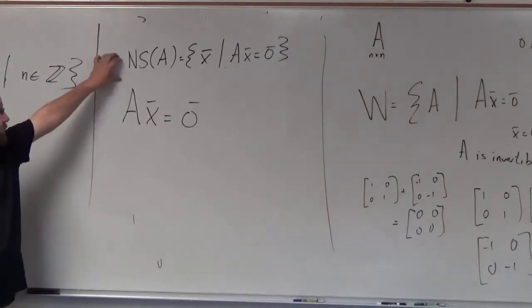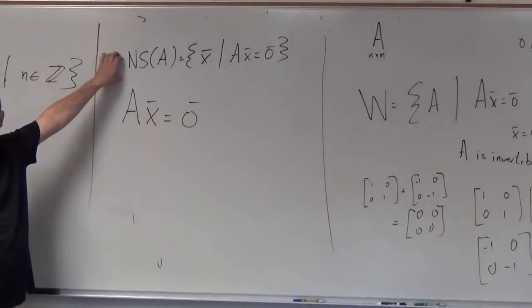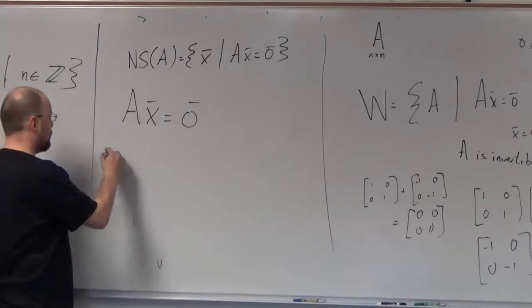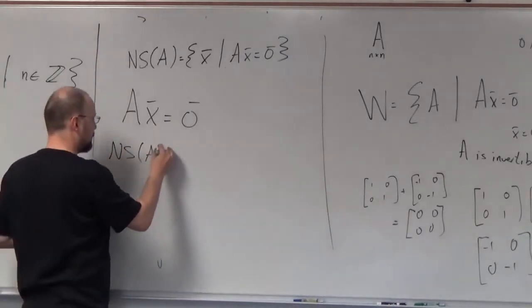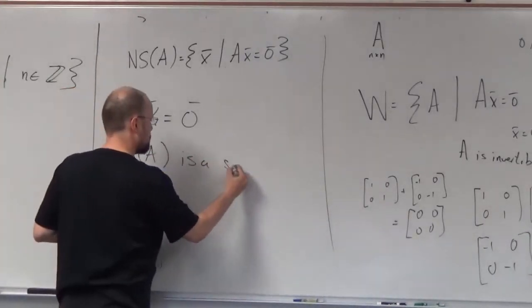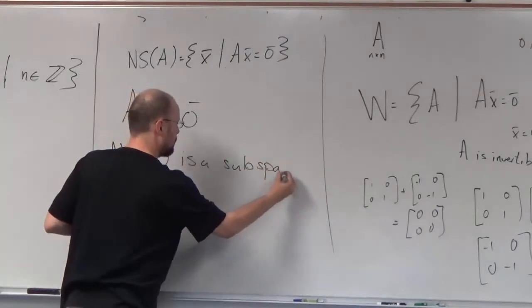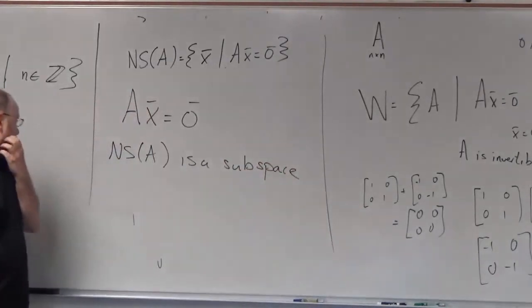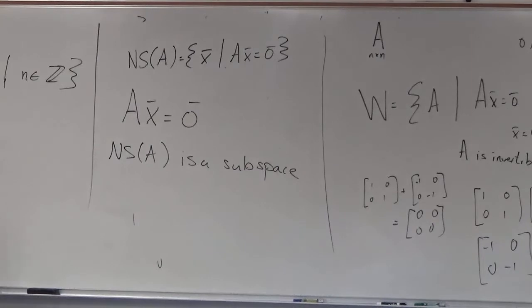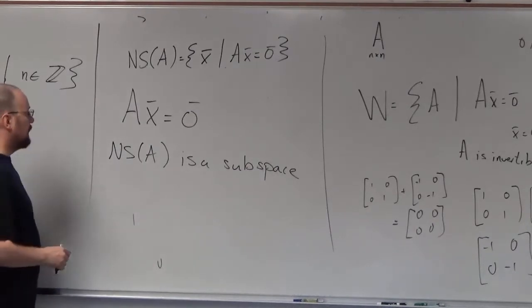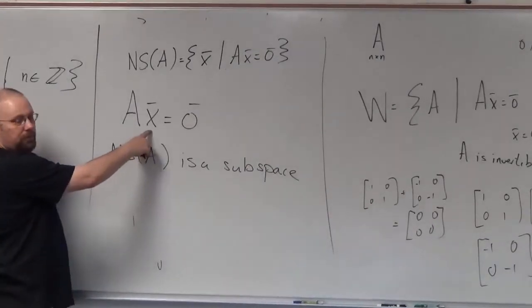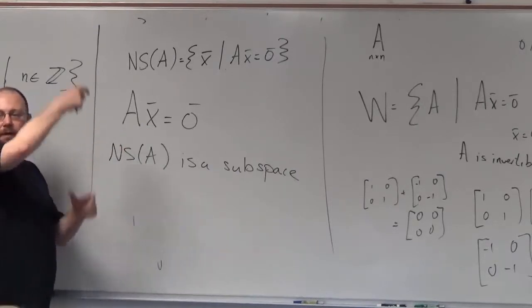The null space of the matrix is a subspace. And how would you show that? Should at least get that much. Well, of course, X is part of a larger vector space, like Euclidean space.